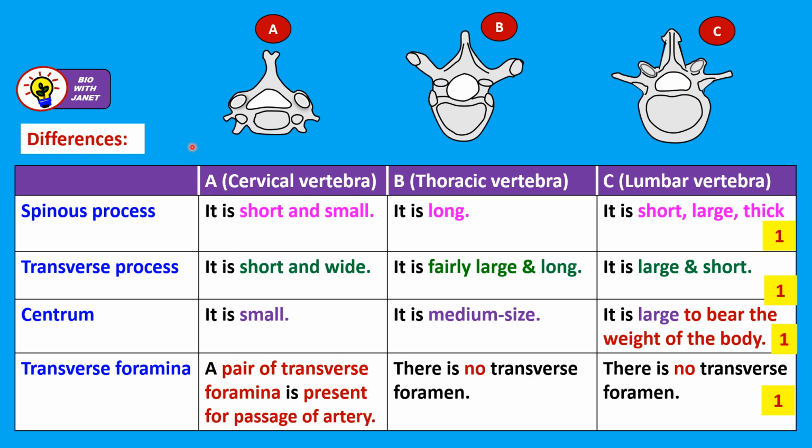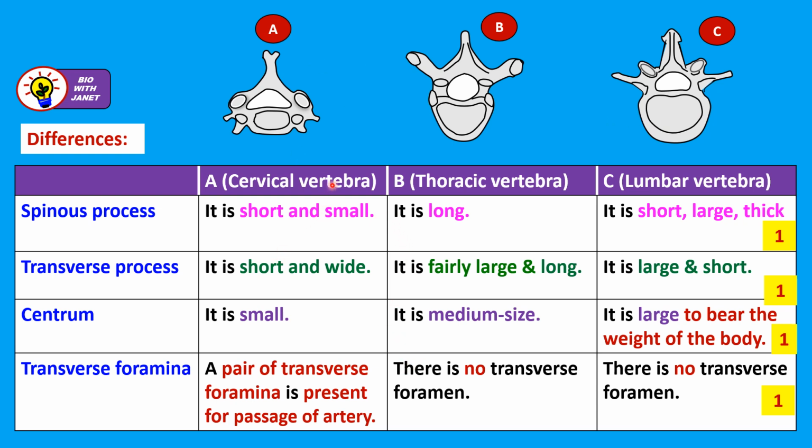So now let's look at the differences. Now we have to draw up a table, and here we have 4 columns. One for all the titles like spinous process, transverse process, centrum, and transverse foramina that we're going to discuss. And then here we write A, B, and C, which are the labels for the vertebrae here.